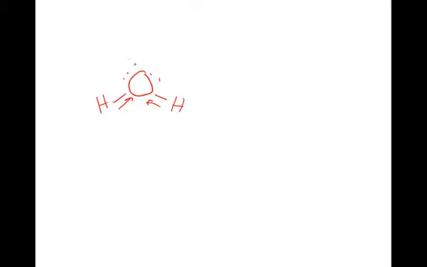So in this case, this end of the molecule is negative because all the electrons are being pulled that way, and this end would be positive. So if I were to have another water molecule, it would also have this same negative and positive. There would be an attraction between the negatively charged end of one and the positively charged end of another.